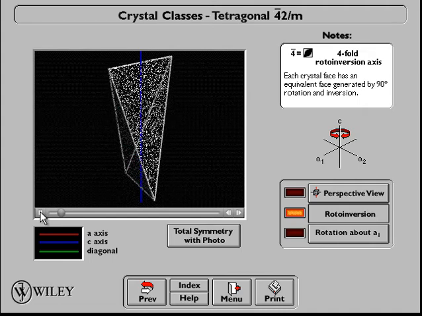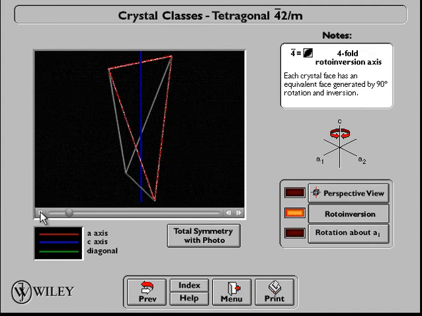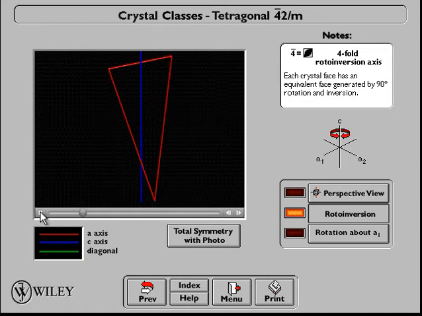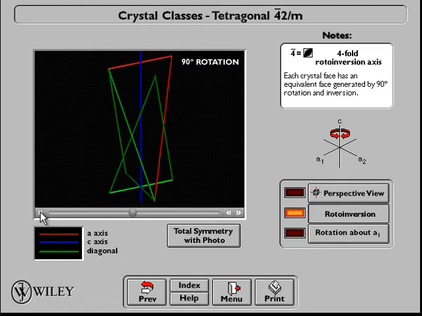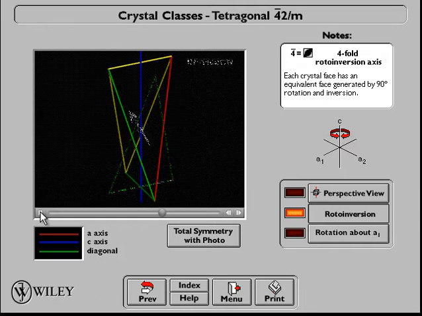I have shown it to you before as well. We have here the 90-degree rotation. Then we have here the center of symmetry. Through the center of symmetry we are making the inversion. That is to this side, followed by a 90-degree rotation. And now we are making again an inversion to that side.